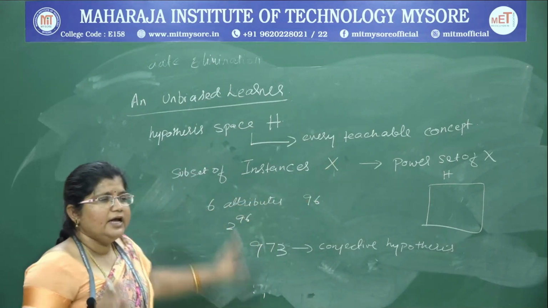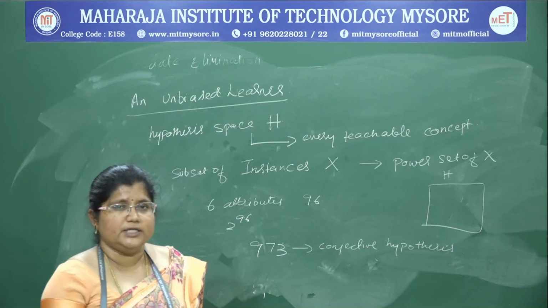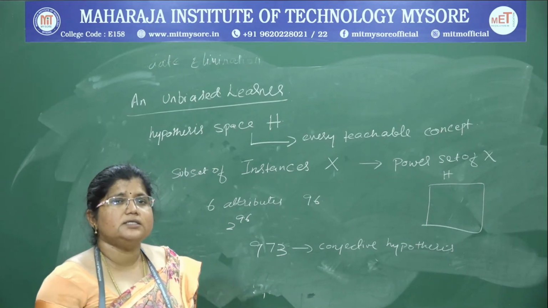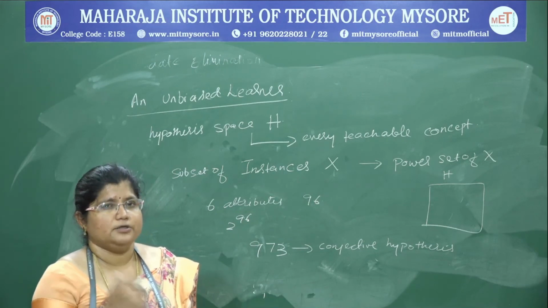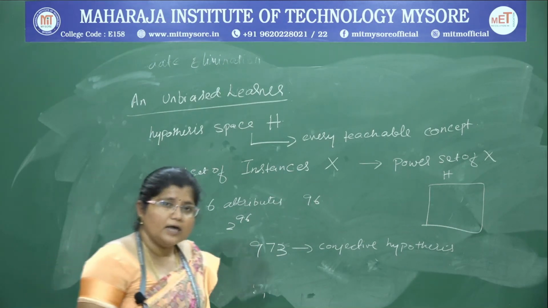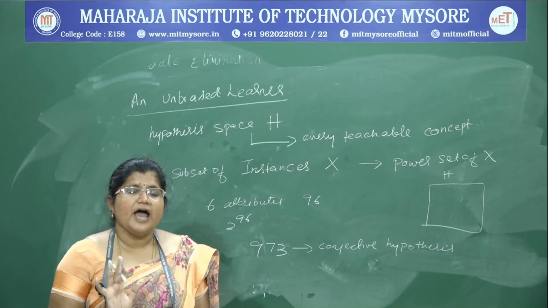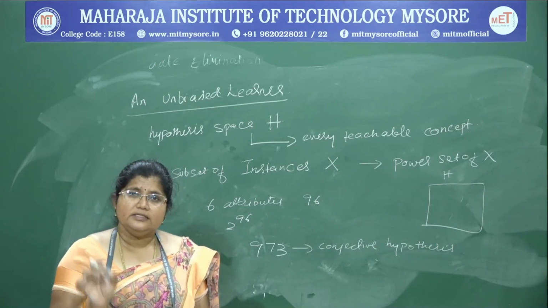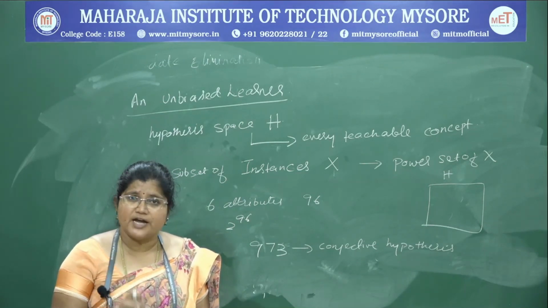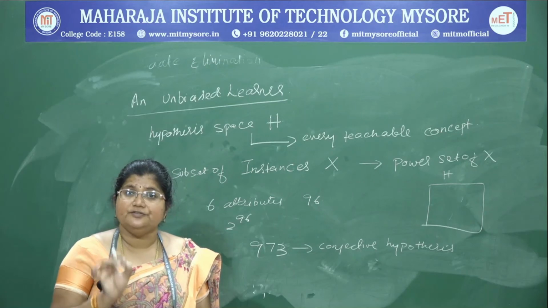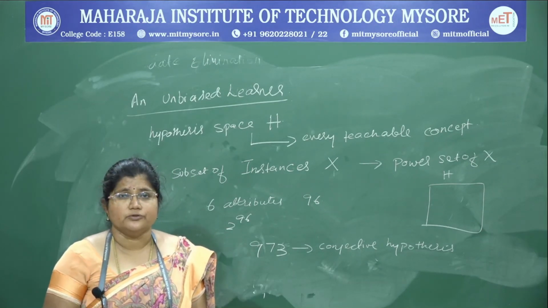And next, for the instances, we should have prior knowledge of how many instances can be created for the given attribute values. In this example we have seen that there are 6 attributes. Among them, the first attribute, sky, contains 3 attribute values and the remaining contain 2 attribute values.